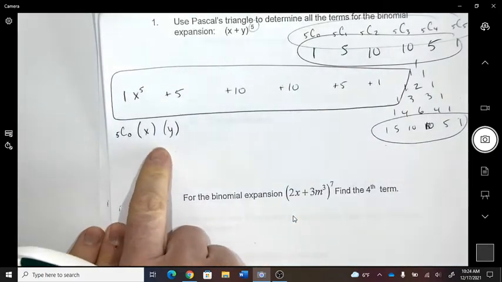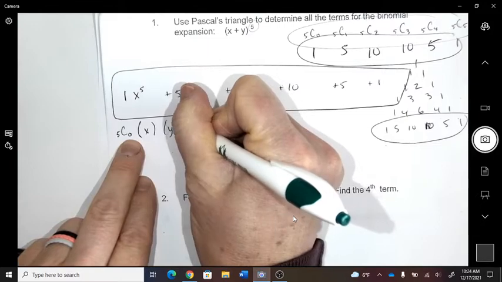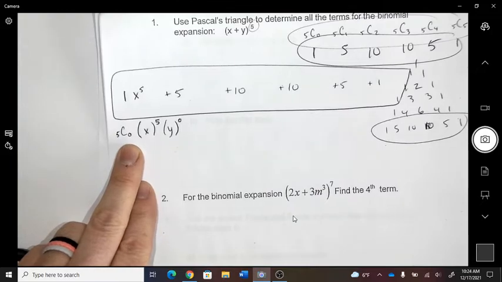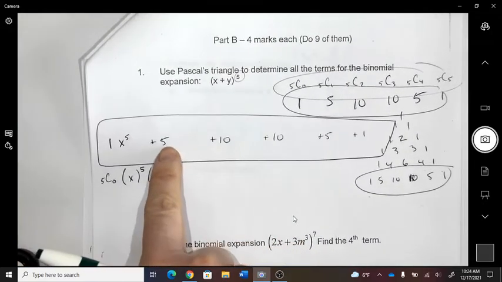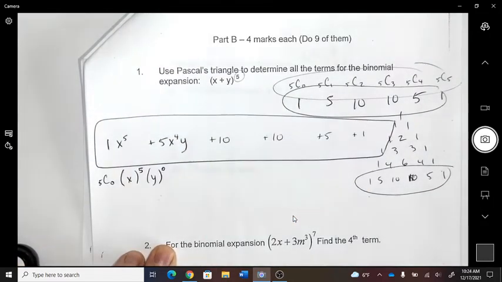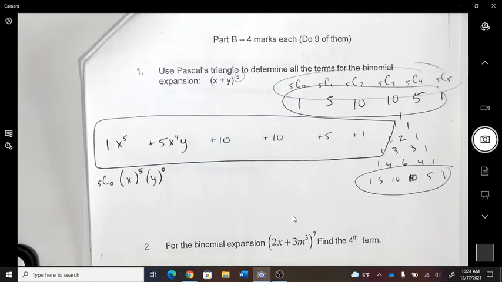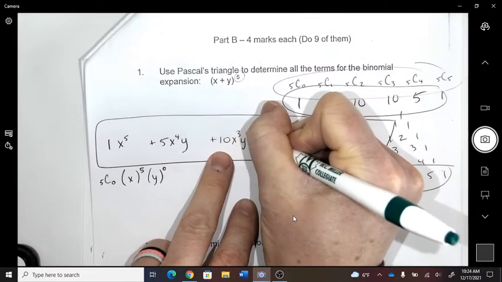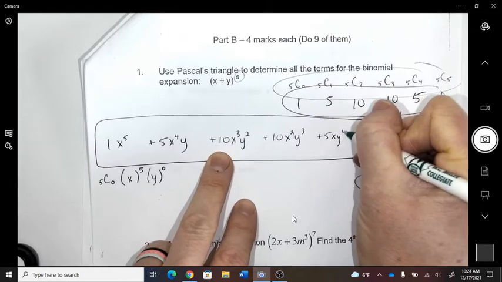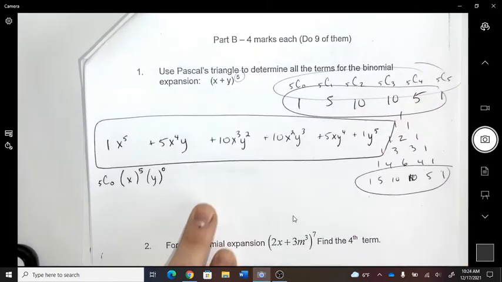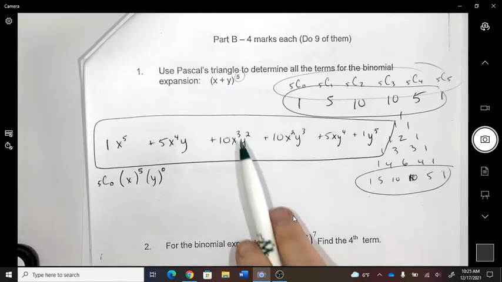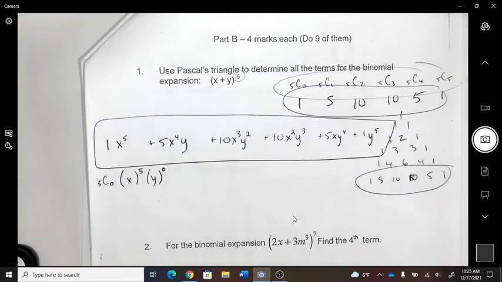And then here's my units. This unit gets the 0, this unit gets the subtraction, right? That's what I'm doing with the formula. So this one I go down an x, up a y. Okay, keep going in that pattern. Down an x, up a y. And there we go, we expanded it. So please don't do that one by hand. That might take you all day if you try to do it.